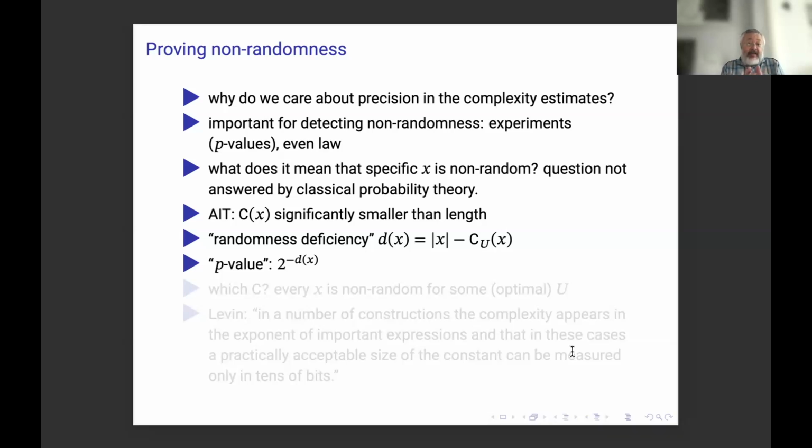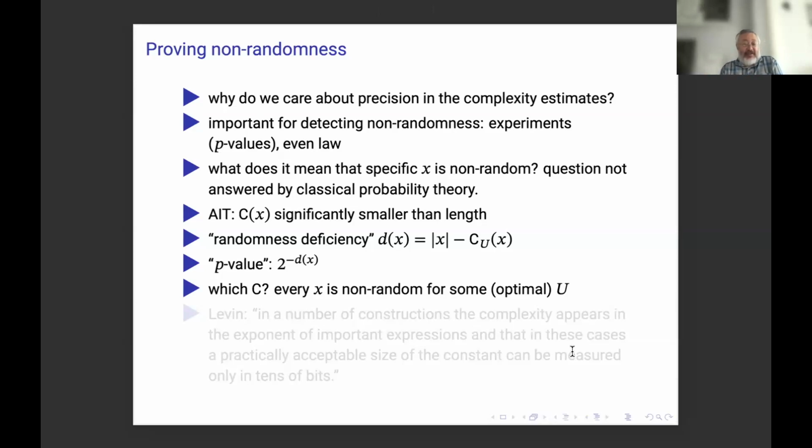And you see here that it is very, very important which complexity function we take. Of course, if we do not have any restrictions, everything will be non-random, because we can choose some complexity function which is adapted to this sequence, and with this specific sequence has a very short description, and so we have a big deficiency.